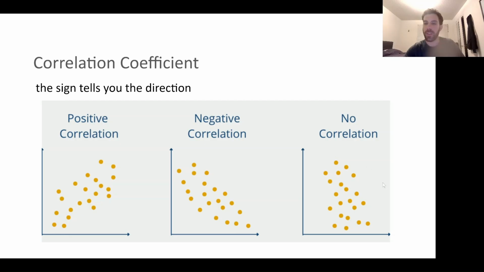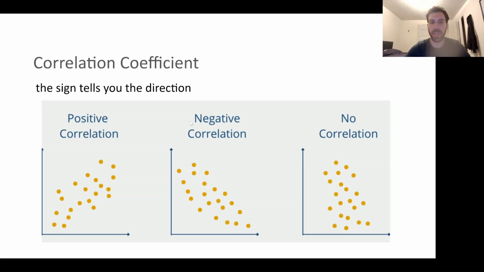This no correlation scatter plot looks kind of like the iris data set in that, depending on what points you choose to focus in on, you might see something that's slightly positive or slightly negative, but it's really hard to tell what direction, if any, the relationship between the two variables is. So without doing any math, if I want to estimate R, the correlation coefficient, I know it's going to be positive in this scatter plot.